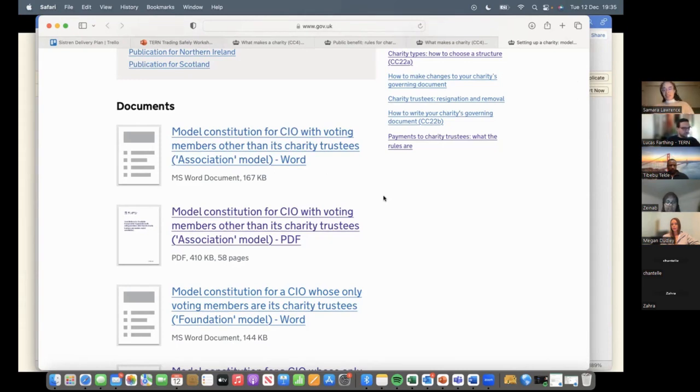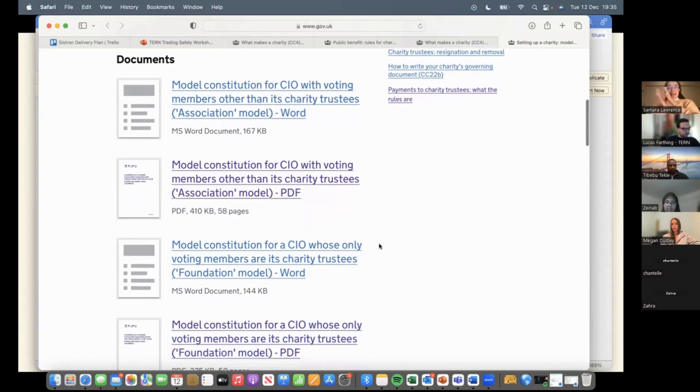So the foundation model is where, remember we talked earlier about there being directors of an organization and also members. The members are like the shareholders in an organization. They're called company law members, and they're the ultimate owners of the organization, and they're a separate role to the directors legally.